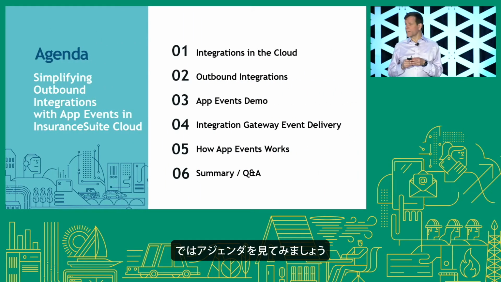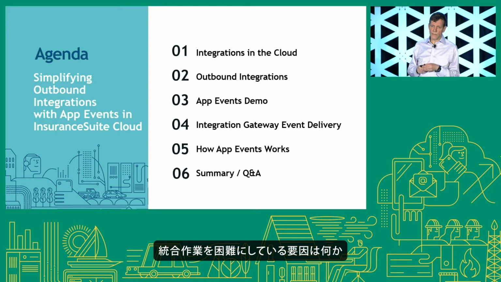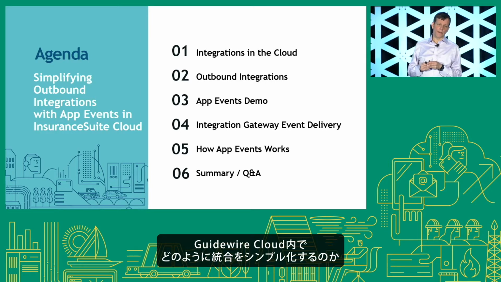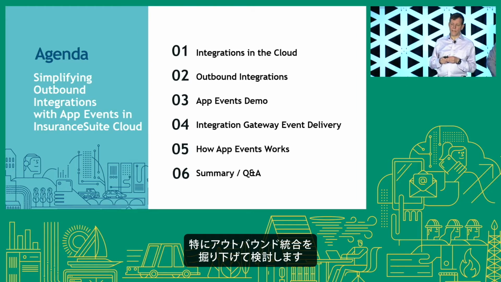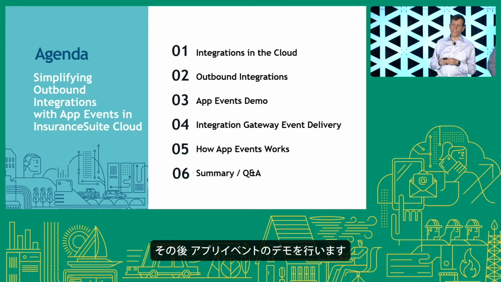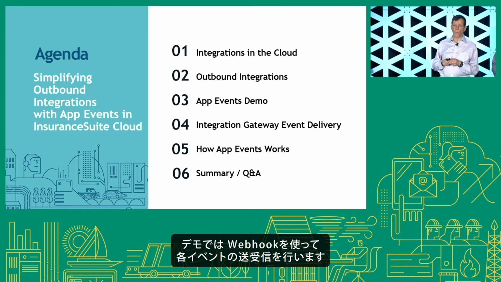So let's take a quick look at the agenda. Basically, we're going to start off by talking about integrations, what makes them hard in P&C, and what we can do about it to make it simpler in Guidewire Cloud. Then we're going to do a deeper dive into outbound integration in particular. Then I'm going to share with you a demo of application events using Webhook for delivery of the events.